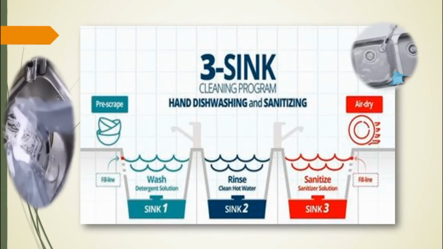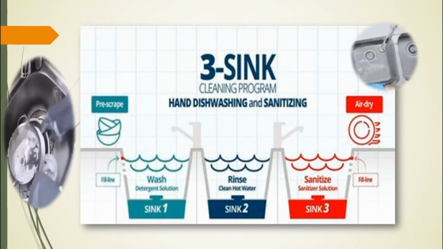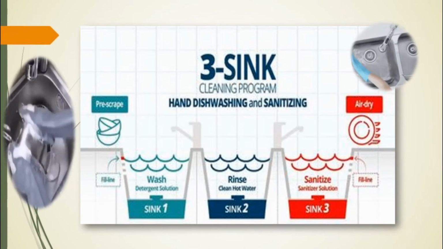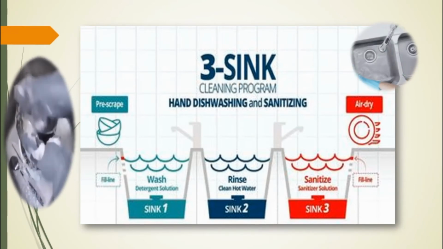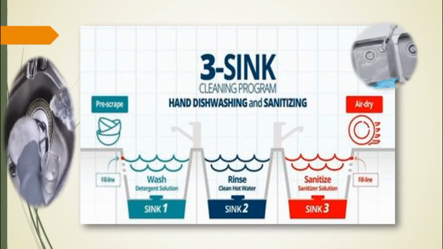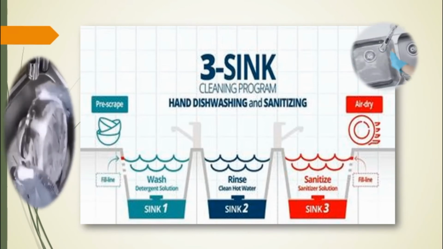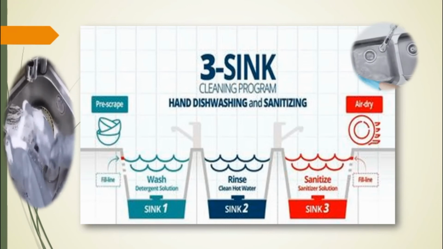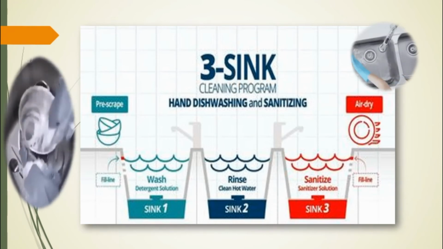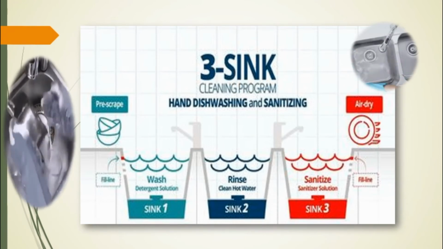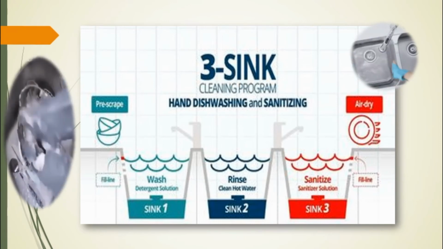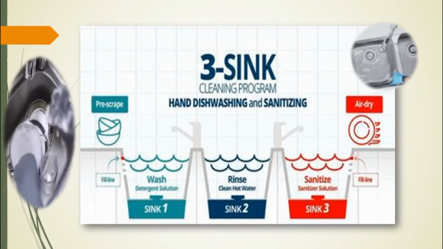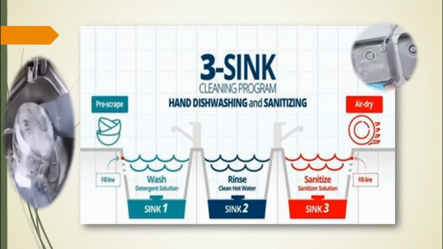The 3-sink dishwashing method is widely known and used in food establishments such as restaurants and bars. Wash: this step uses a detergent solution to remove dirt from the surface. The detergent must be approved for food use and able to dissolve and remove dirt.